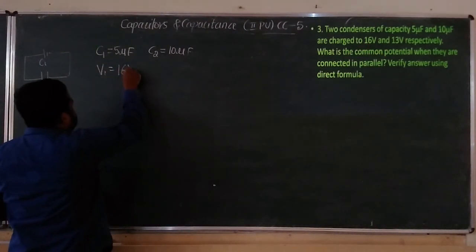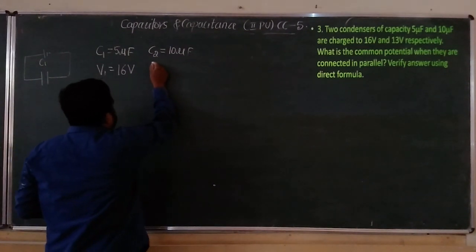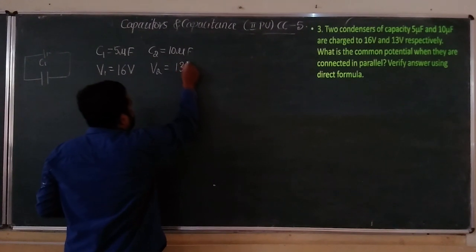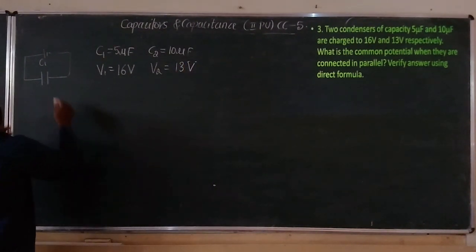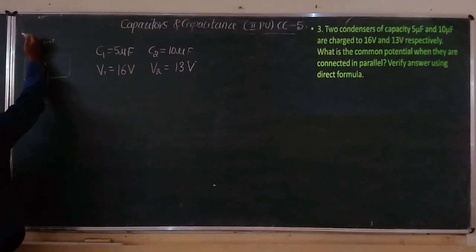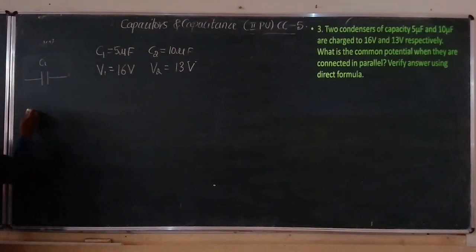It is charged to 16 volt, and the capacitor C2 is charged to a potential difference of 13 volt. So capacitor C1 is charged to 16 volt, and then the other capacitor C2 is charged to 13 volt.